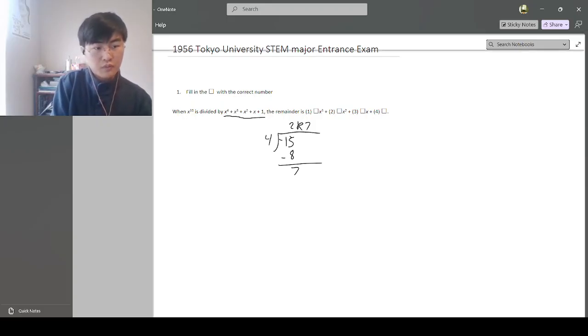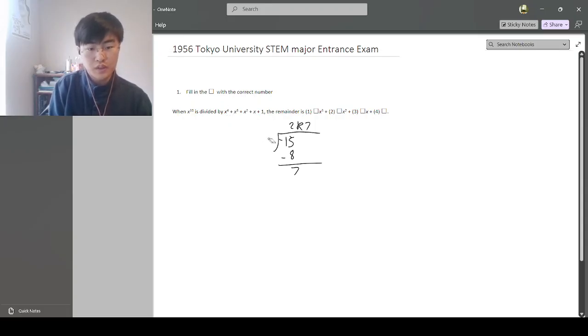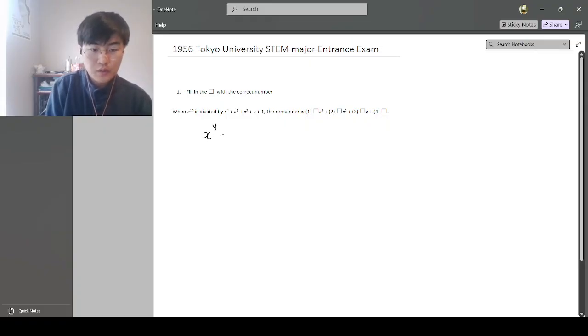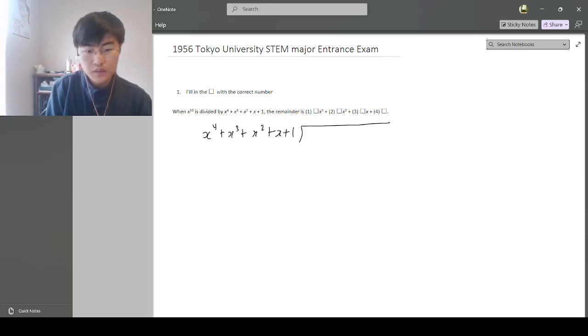Now, overall, this problem for a lot of people, especially if you're in pre-calc, is probably somewhat trivial because this is just a polynomial long division problem. So all you'd really be doing here is saying x to the fourth plus x to the third plus x to the second plus x plus 1, divided into x to the 10th.